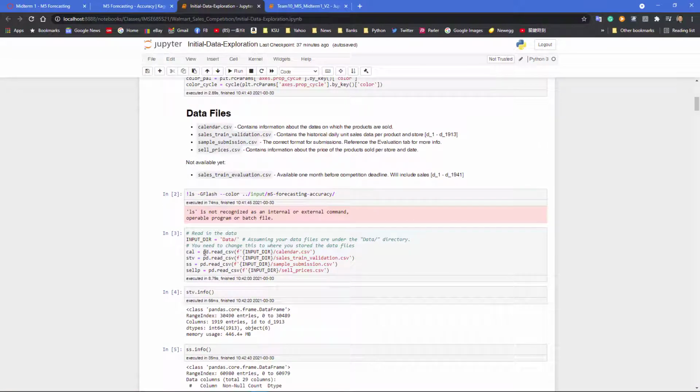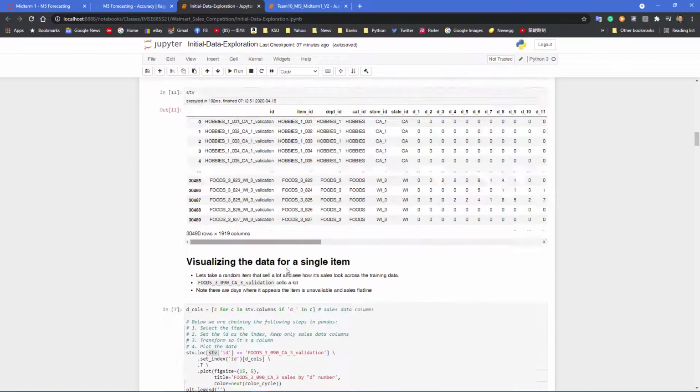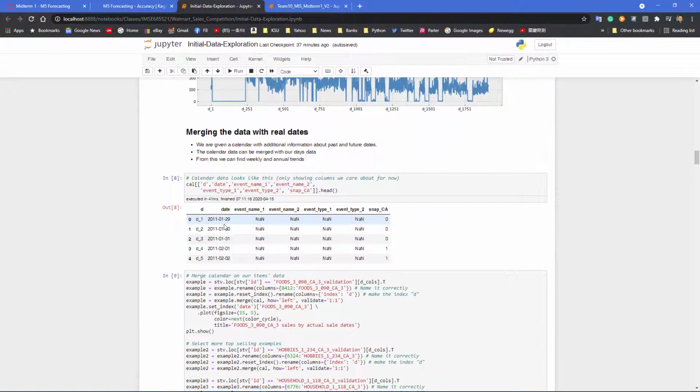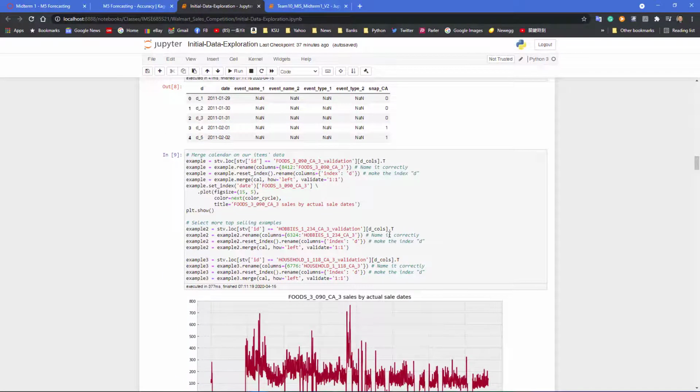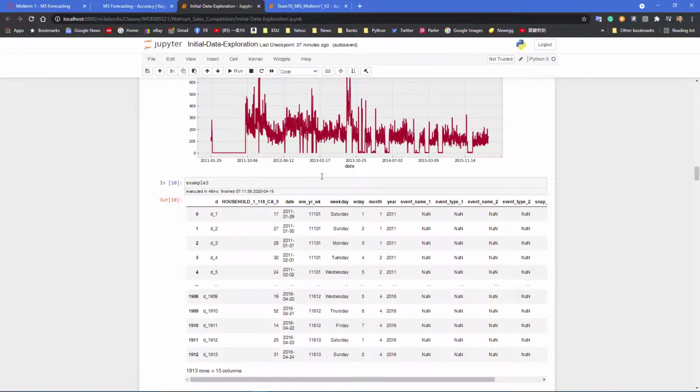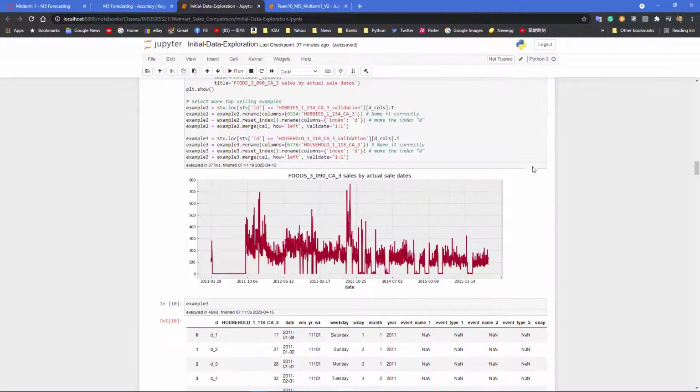Then you need to merge it with this calendar. Each one of the days, D underscore something, corresponds to a day over here. See that in the calendar? So you want to merge them. This is an example of how you can merge the training validation data set into a daily time series. And now it's converted to a daily time series.